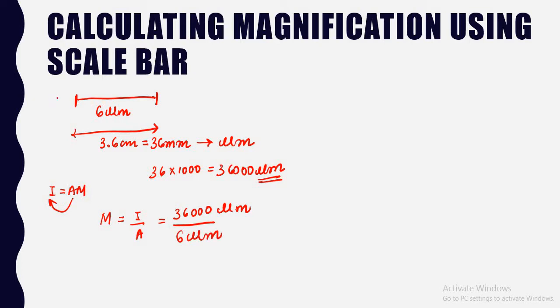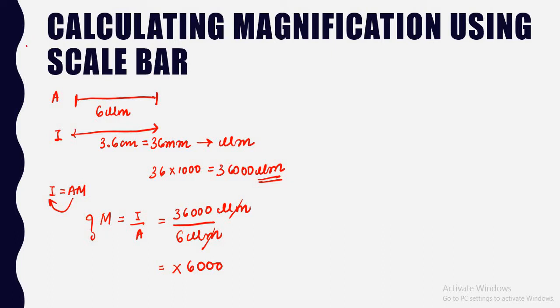This is the actual size, this is the image size. We need to find out the magnification. So units will get cancelled and you will get your answer, which is 6,000. Now remember why you need to write it down as times, because you are calculating the magnification. So always write your answer like this, 6,000 times magnified.